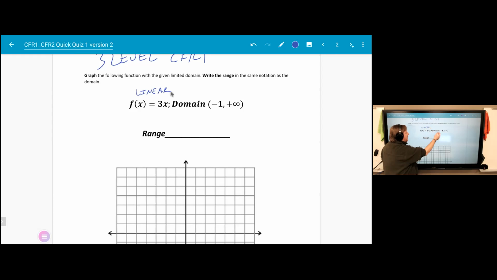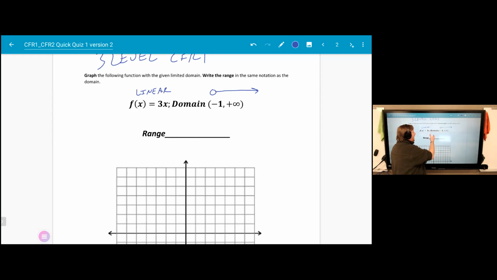It's saying my smallest x value is -1, and my biggest x value is positive infinity. It can't touch -1, so it's going to be an open circle. And since it goes on forever, this is going to be a ray. And this is also an interval notation. So when we figure out the range, we also need to write that in interval notation.